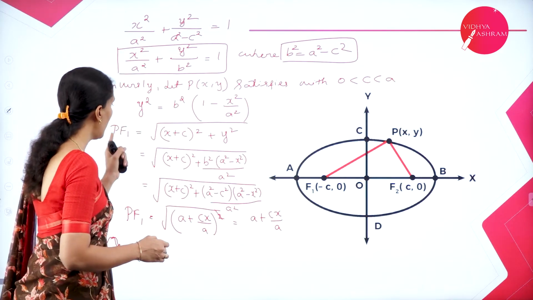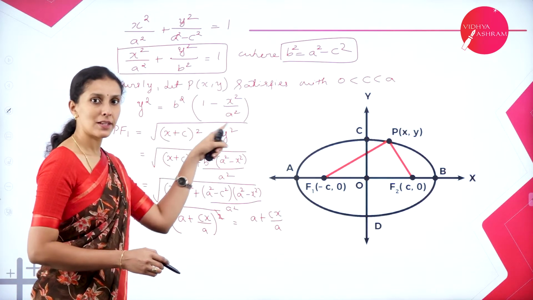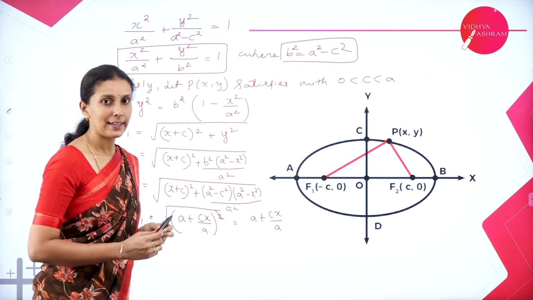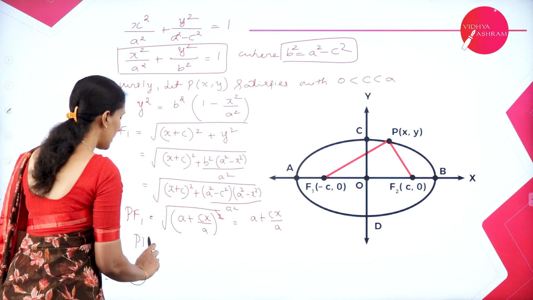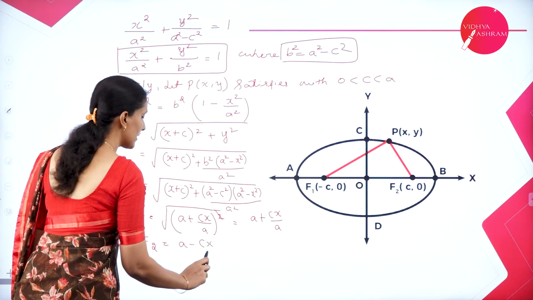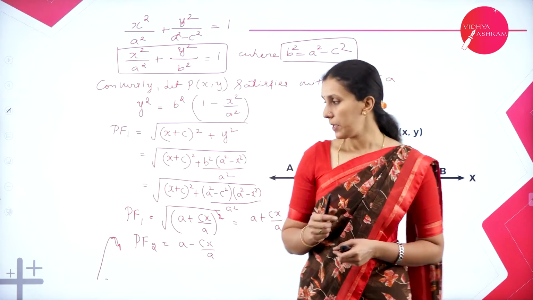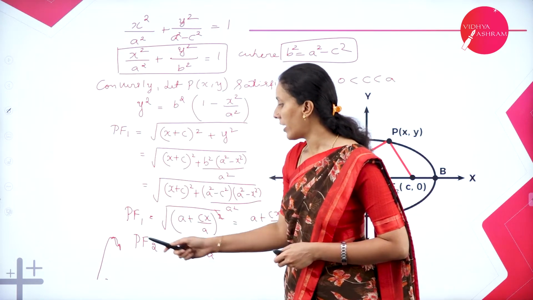Similarly, you can find PF2 using the relation x minus c whole square plus y square. So what you will get then? We get PF2 is equal to a minus cx divided by a. Now we have got PF1 as well as PF2. Let's add PF1 and PF2.